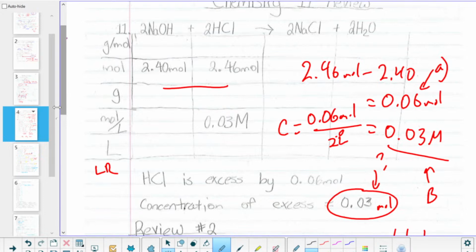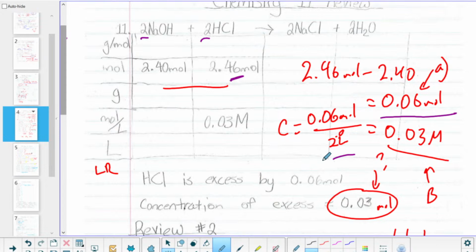Then some light excess reagent problems. These are in 1-to-1 ratios or 2-to-2 ratios. They're fairly easy to compare. Then you can look directly at them and say, which one do you have more of? Well, look, I have more of this one. How do you know that you have more of it? You actually have to show the calculation. So in some way show, look, if I subtract them, this is how much I'm going to have left over. I'm going to have that left over of HCl.